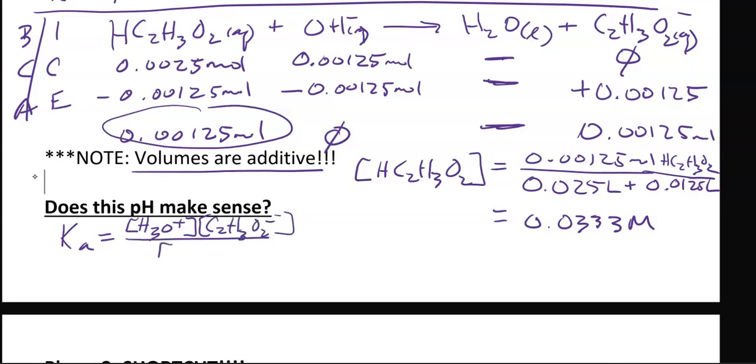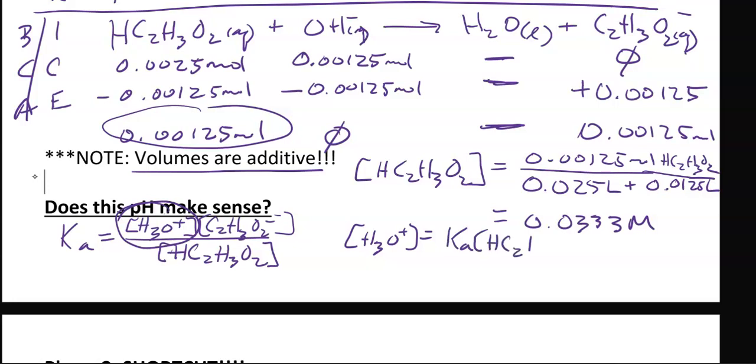And then you have this initial concentration of acetic acid. So we're going to solve for hydronium ion. I'm going to rewrite this because, if you're like me, I like to be able to see it. If I do that, I end up getting Ka times HC2H3O2 divided by C2H3O2 minus.